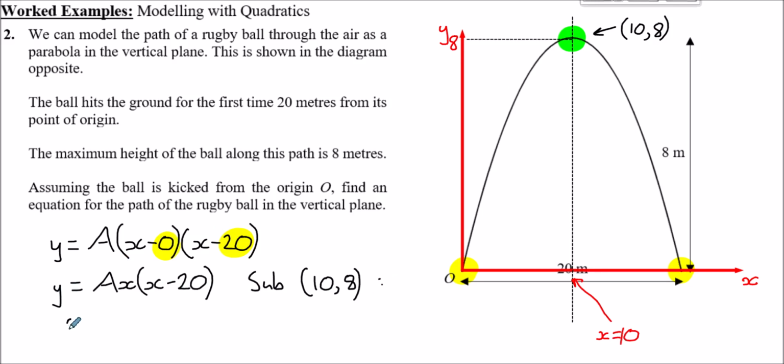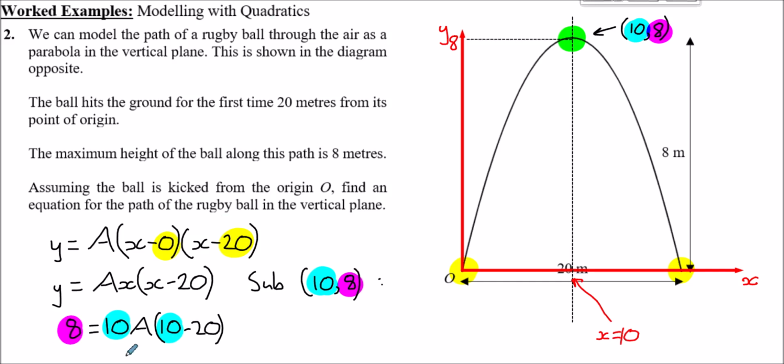So when y is 8, 8 equals a times x, and so that's a times 10. So we're going to put 10a brackets 10 minus 20. So all we've done in this case is just substituted in that when x is 10, y is 8. That's the only thing we've done.